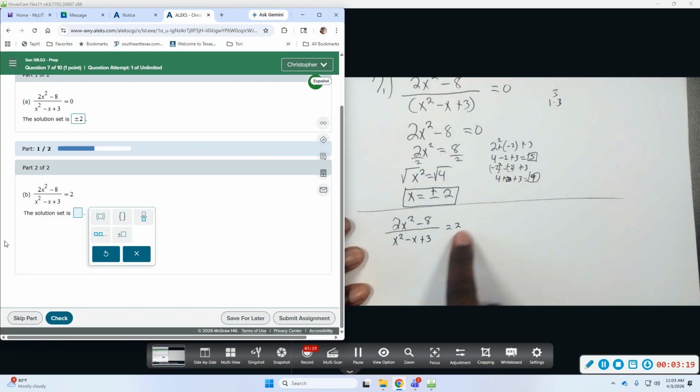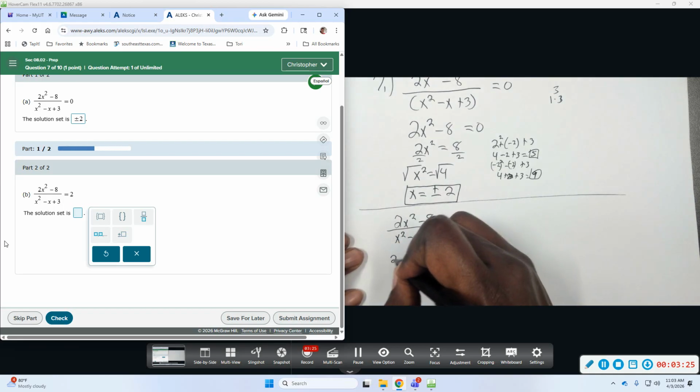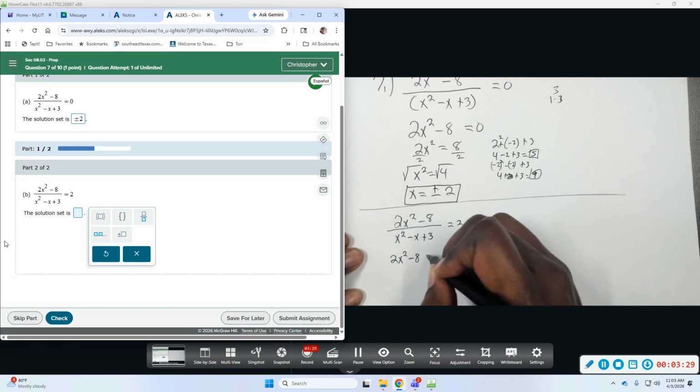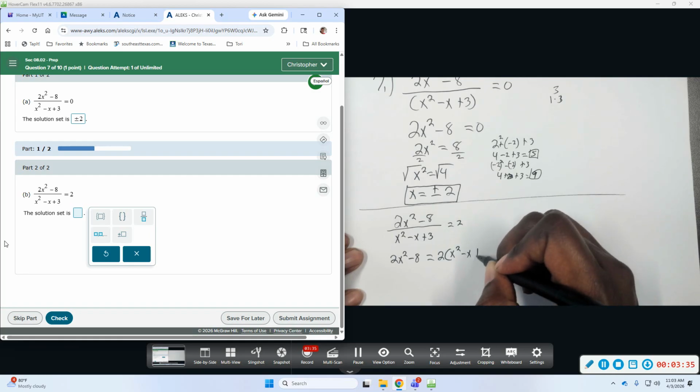So again, I'm going to multiply this over. This time the 2, I'll get another expression. So I have 2x squared minus 8, what I had on top, equals 2 times the x squared minus x plus 3.